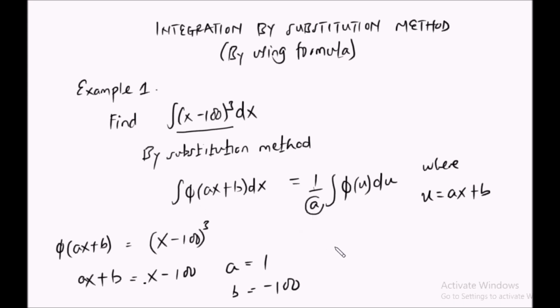We need to find psi of u now. Psi of u. So kama psi of ax plus b ni x minus 100 cube, okay? Psi of u ni ngapi? So remember tusema you let u is equal to ax plus b. So ax plus b yetu ni nani? Ni x minus 100.